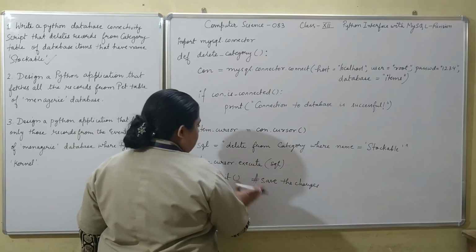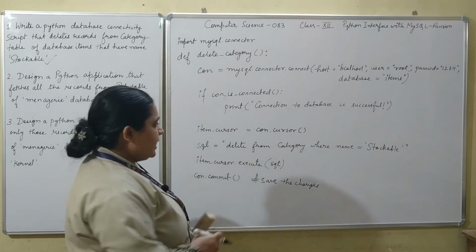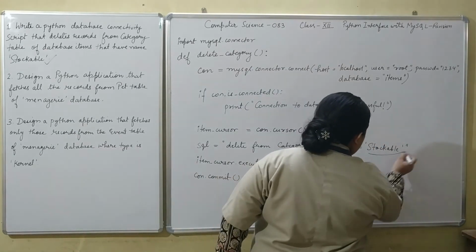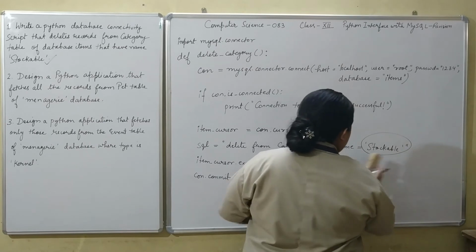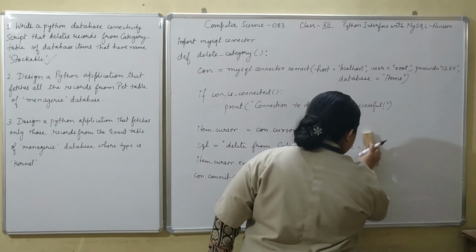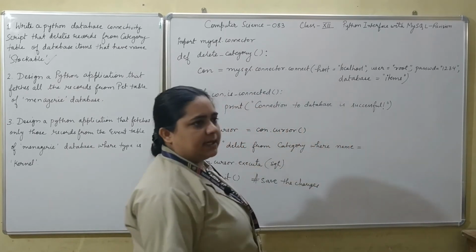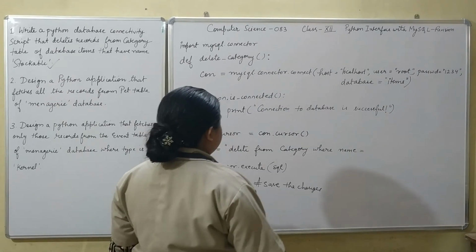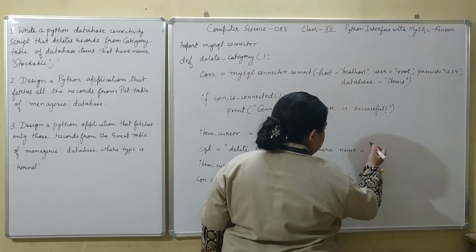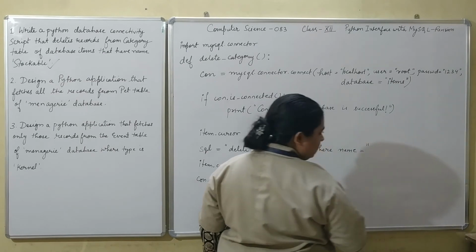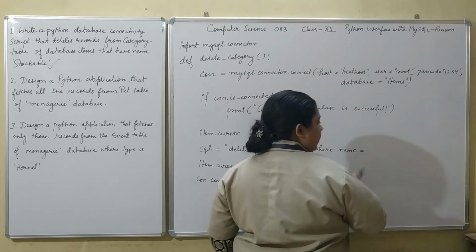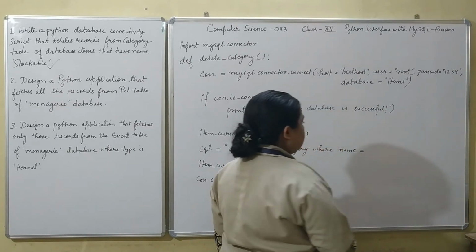Now, there are other alternatives to this. One is, if you don't provide the stockable value over here, you can also provide it as an argument or an additional parameter which you can send to the function. So I will write here, delete from category where name equals, I can make use of the additional parameters which we can send.